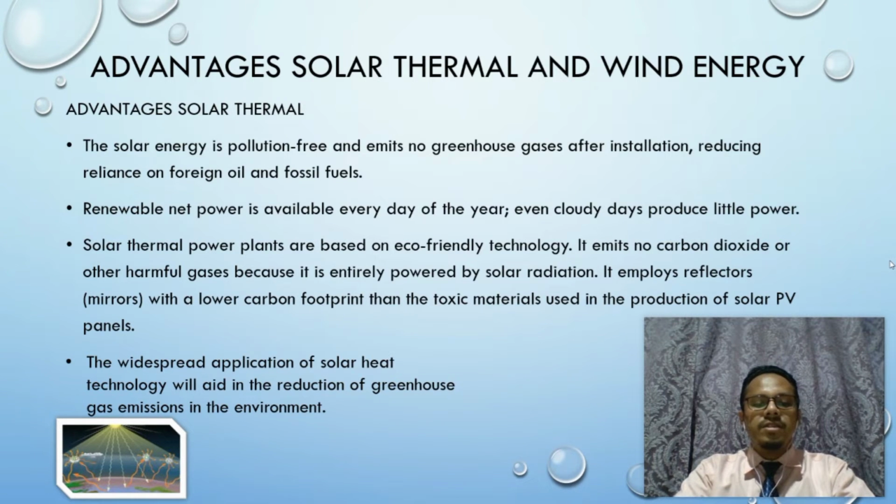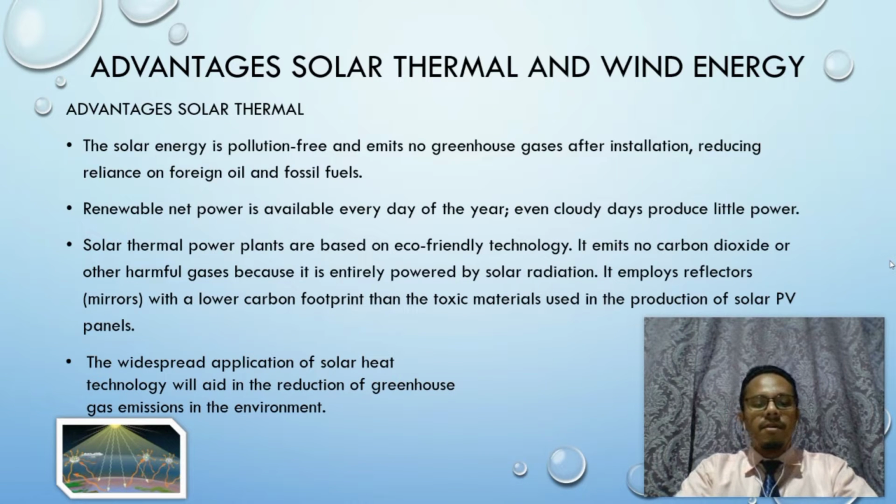Daytime heat radiation is stored in insulated molten salt tanks, which can be used to boil water at any time to generate electricity, even when there is no sunlight. The intermittent nature of PV systems and wind power is one of the primary distinguishing features from solar thermal power plants.